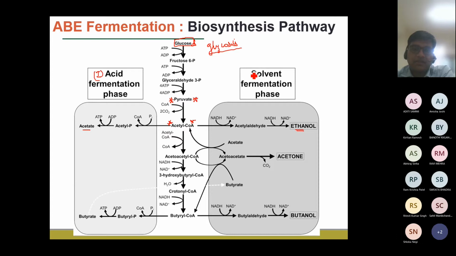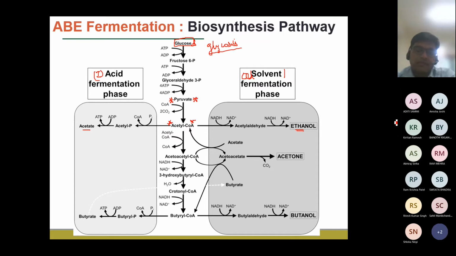So generally, the fermentation processes related to the acetone butanol fermentation are classified into two types. One is the acid fermentation phase, and another is the solvent fermentation phase. Why is it called the solvent fermentation phase? Because ethanol, acetone, and butanol are mostly used as solvents in several chemical industries.